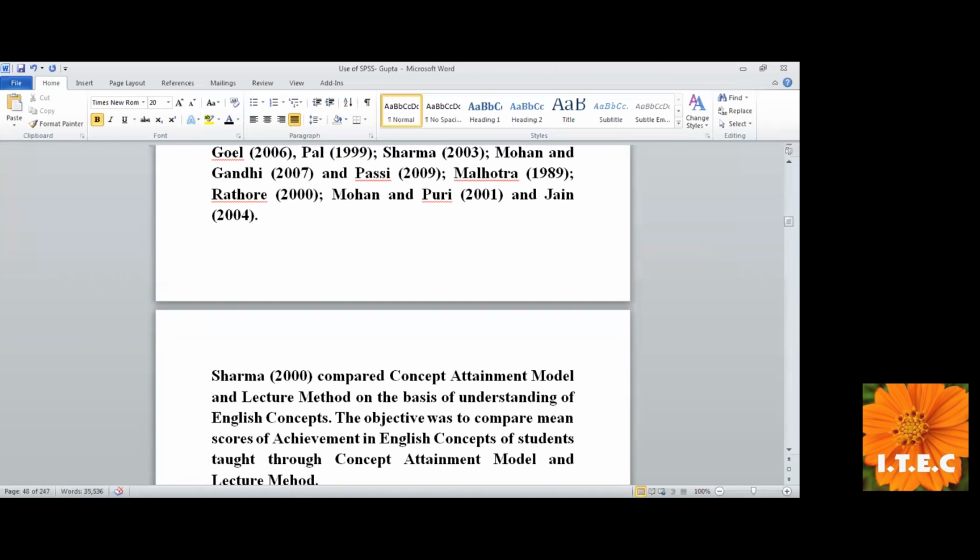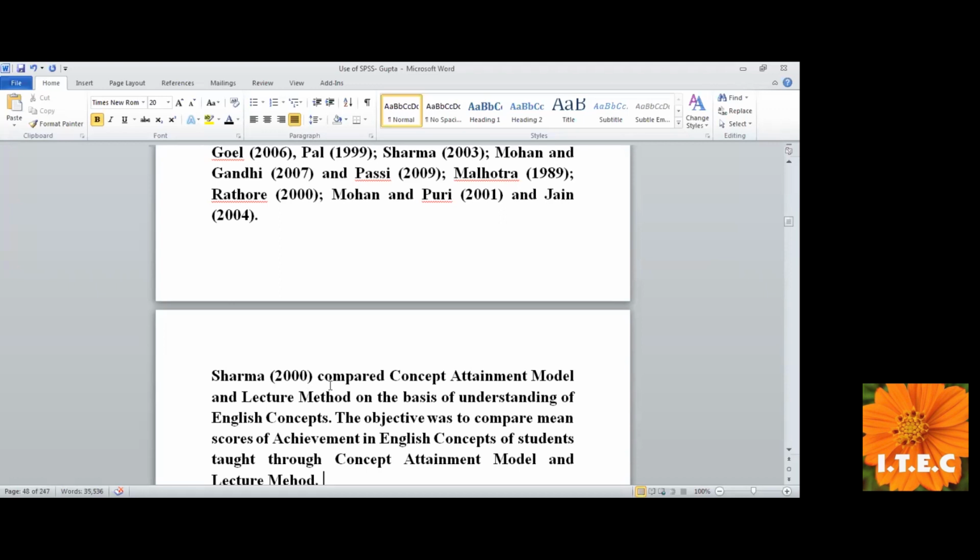Now, this is the objective which I have taken from the paper published by Sharma 2000. In the paper, he might have written two objectives, but I have only taken one which was related to my research.